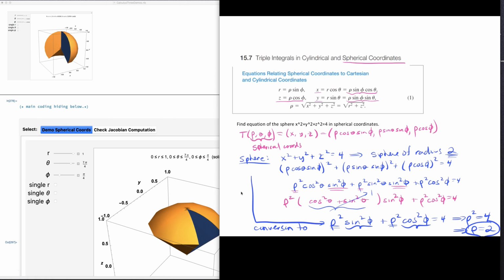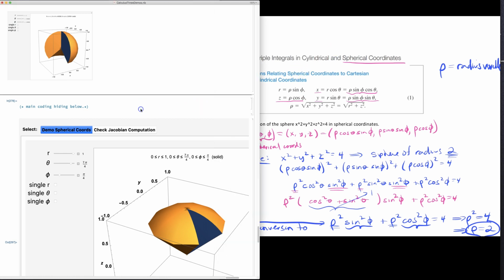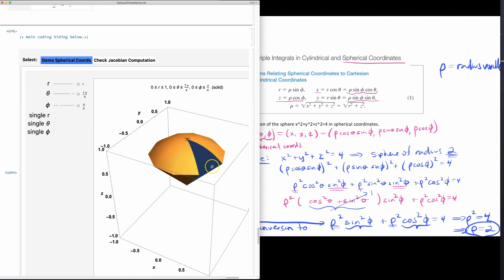So what we're seeing here is that rho is the radius variable. This is the spherical coordinate that describes the radius of the sphere. So what we're going to see over here is a demonstration of the different spherical coordinates.